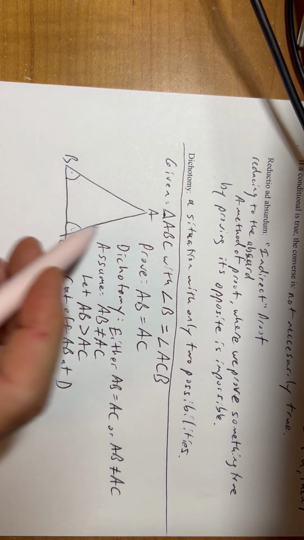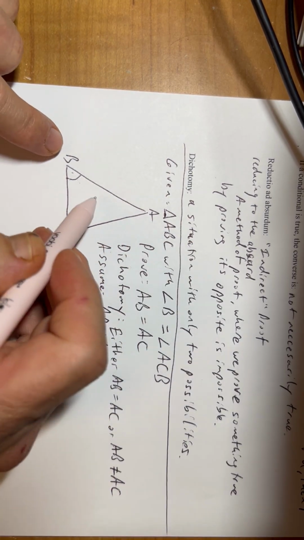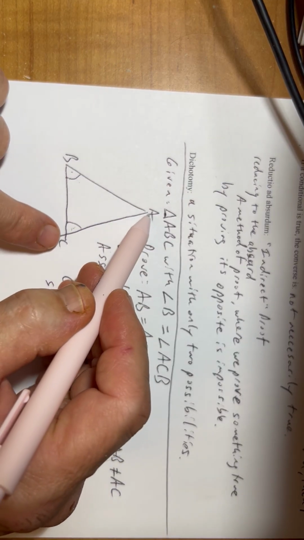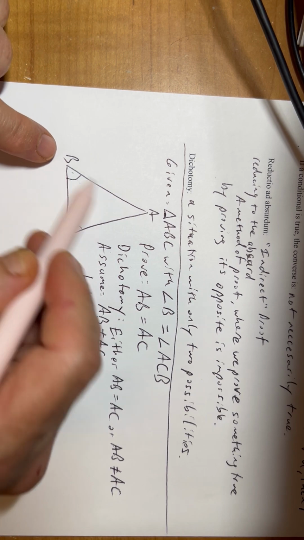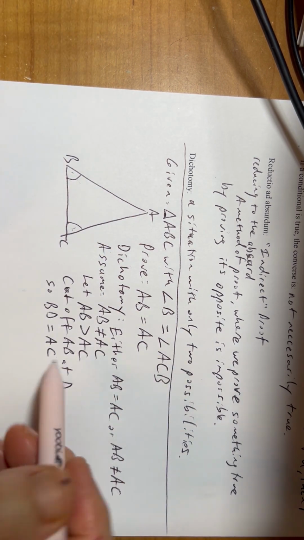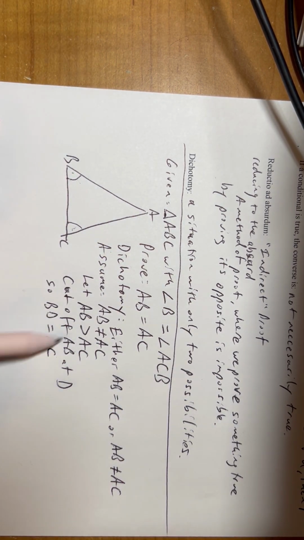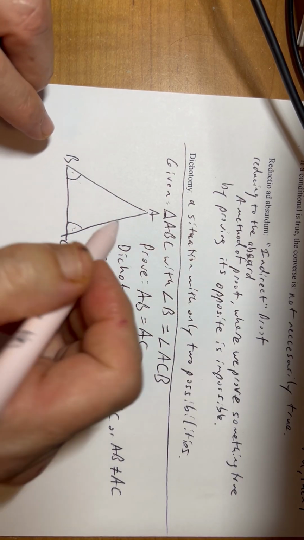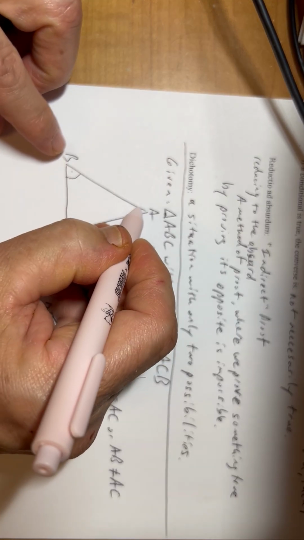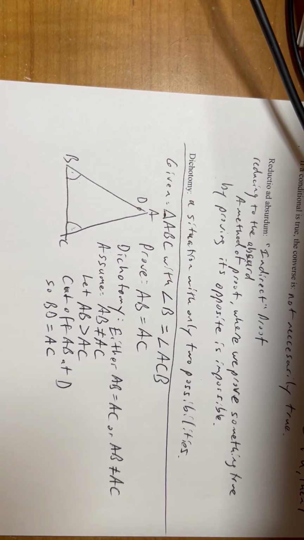All right? So what you have to do is take AC, which we're going to eventually prove is equal to AB, but we're just pretending for the sake of the proof that AB is actually bigger.